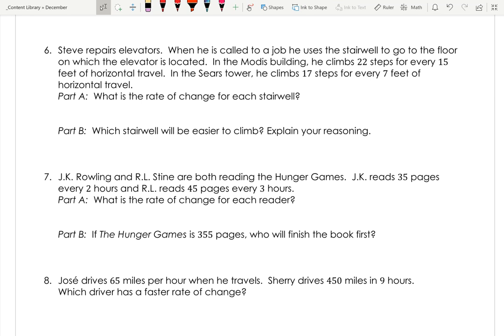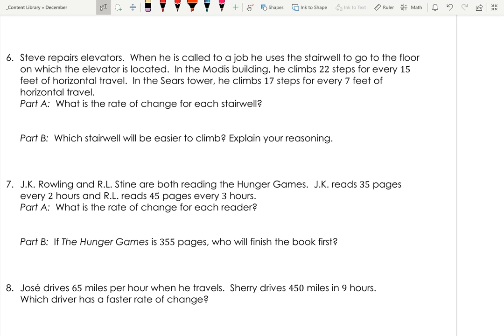So, if you remember, let's draw ourselves a little picture here. In the Modis building, he goes up 22 for every 15 over, right? So think of that as the steepness. Up 22 for every 15 over.